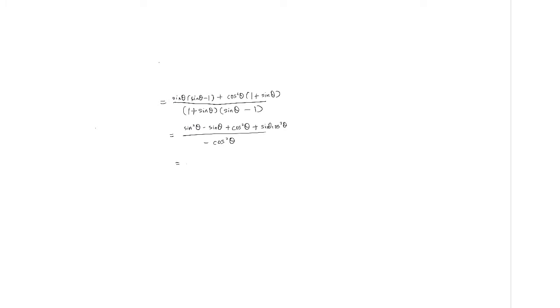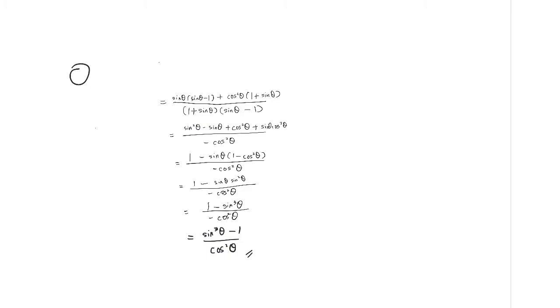And you can group them together, and then change it. So you will have 1 minus sine cube theta over cosine square theta. And as you can see, there is no such choice. So how can you do it? You just have to reverse the order in the numerator. Then you have got what you want to see in your answer.